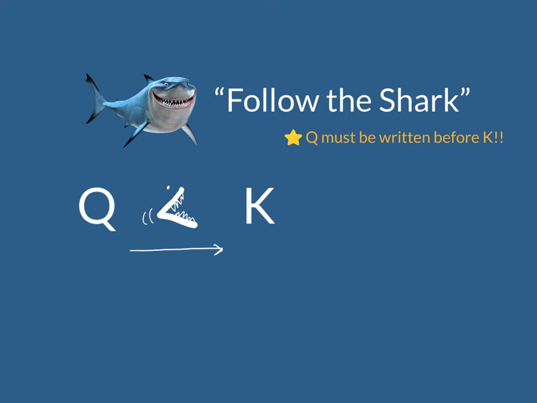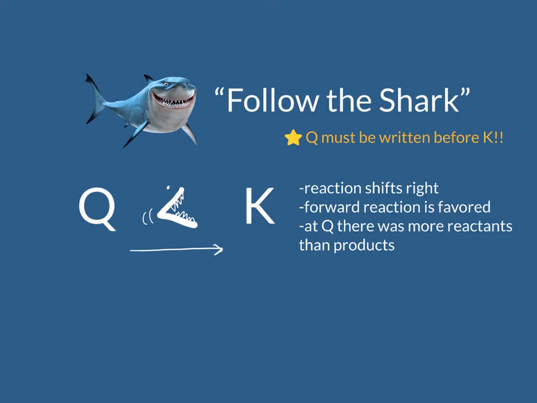In this case, the shark is chomping from left to right. So this tells us, remembering to follow the shark, that if Q is less than K, then our reaction is going to shift to the right. It's going to favor the forward reaction. So at the moment Q was calculated, there must have been more reactants than products.